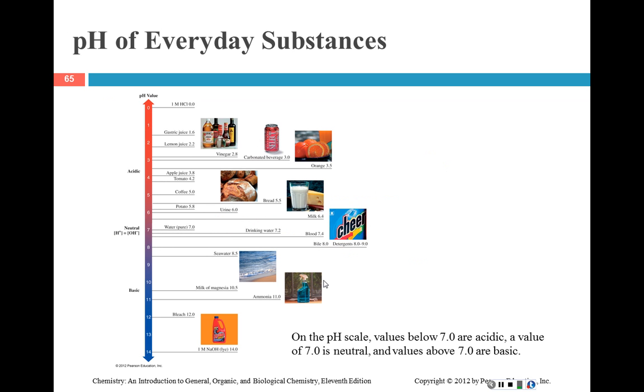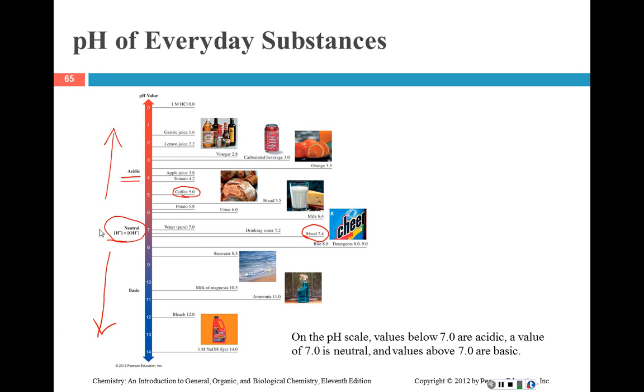So just to give you a place to start, you've got the neutrals, which are going to be your water. Drinking water is a little bit, 7.2, but really that's not that much. Your blood is about 7.4, so that's pretty neutral. Coffee is about 5, so that's acidic, because remember, the lower the number, the more acidic it is. The higher the number, the more basic it is.